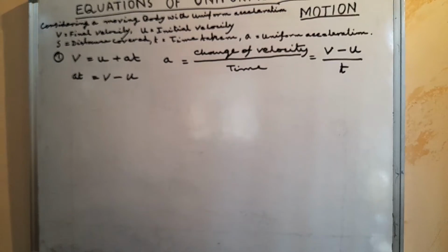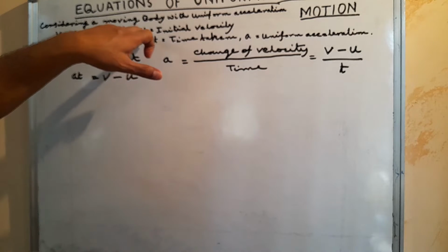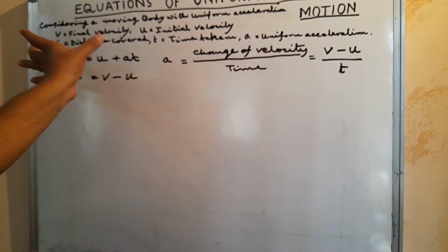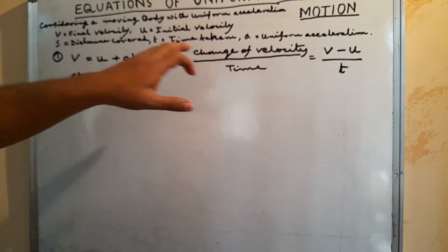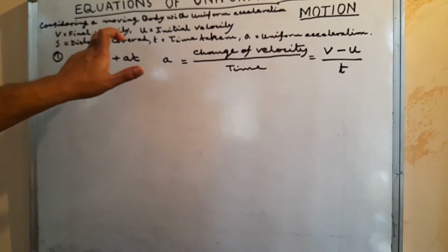Suppose a body is moving with initial velocity u, and this body will cover the distance s in time t with uniform acceleration a, and the final velocity will be v.